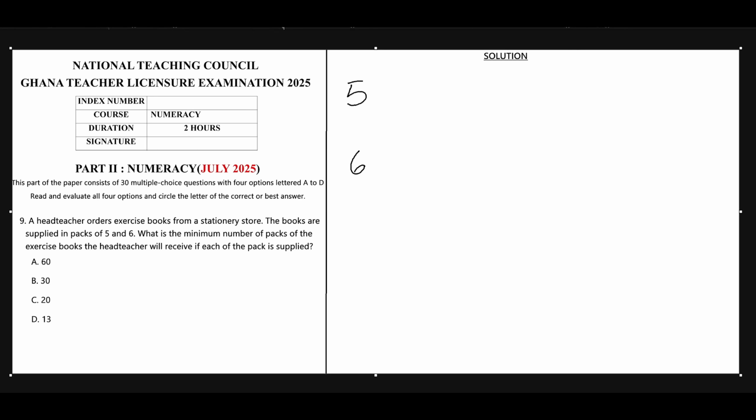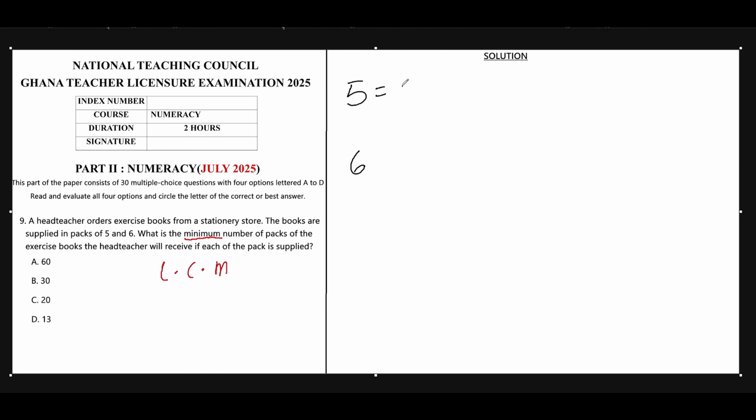So there is a key word here, minimum. So that is the least common multiple. So all that we need to do is to find the least common multiple of 5 and 6.